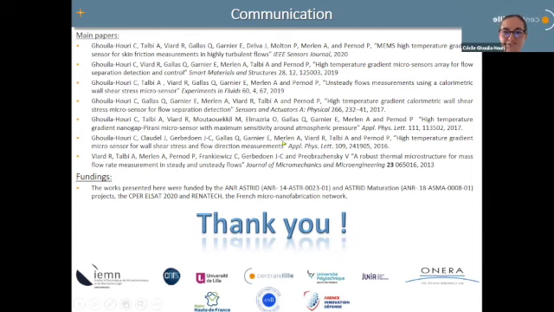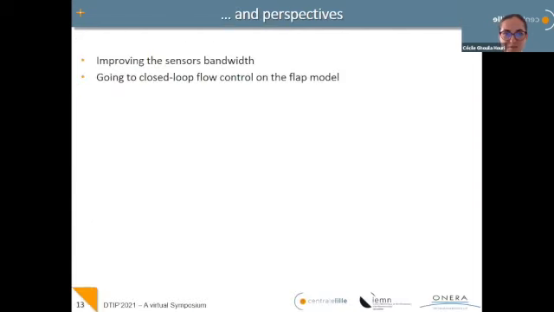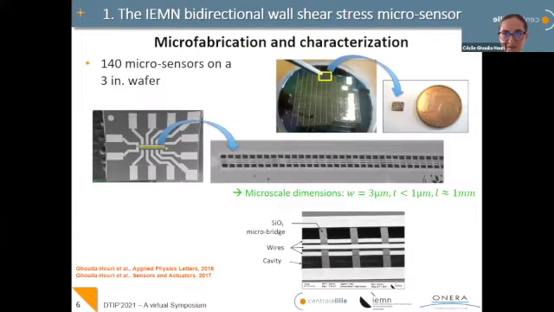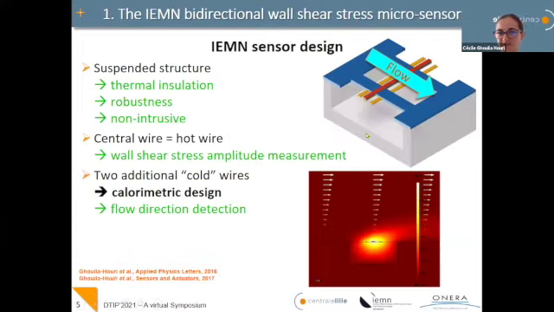That's because the structure is a little bit more complex than what I've presented here because of time, but I will go back to the schematic. Actually, our electronics is a bit different from the one commonly used in thermal sensors. In thermal sensors, the measurement is done by the wire which is heated. This is not the case here. We uncoupled heating and measurement.